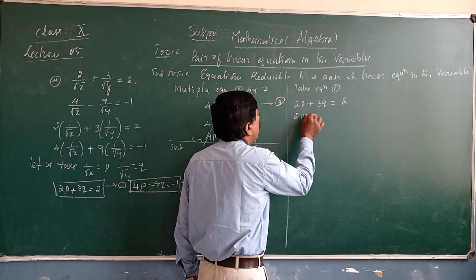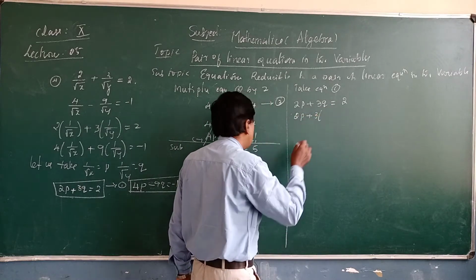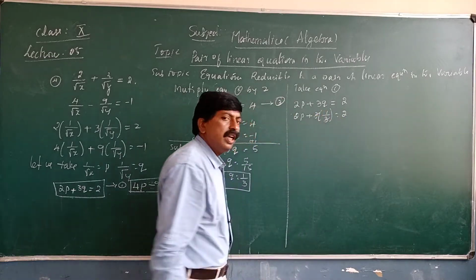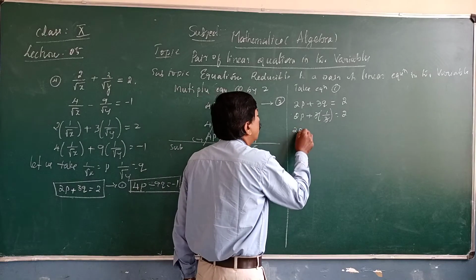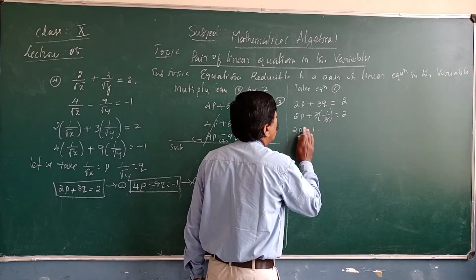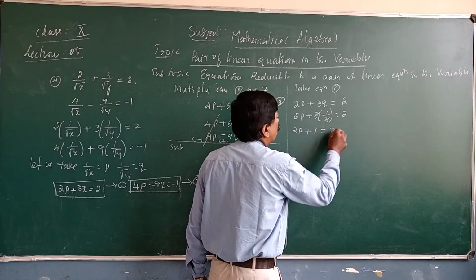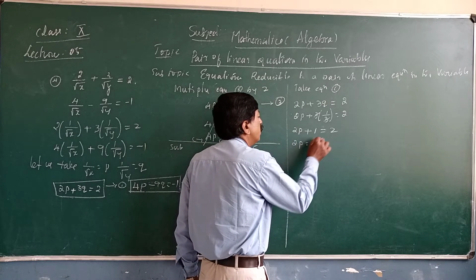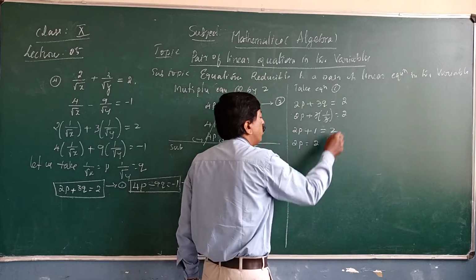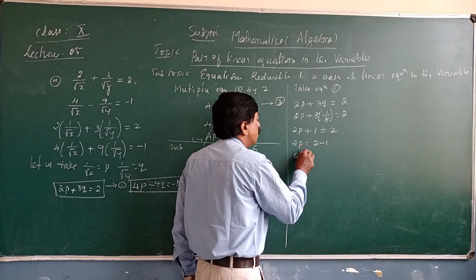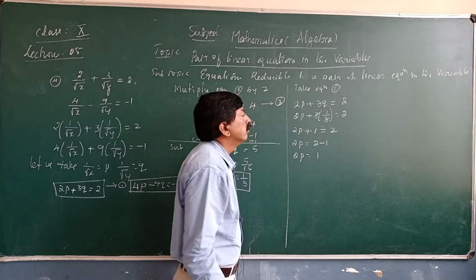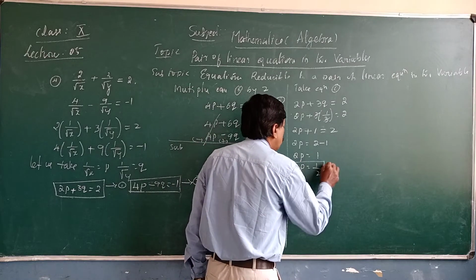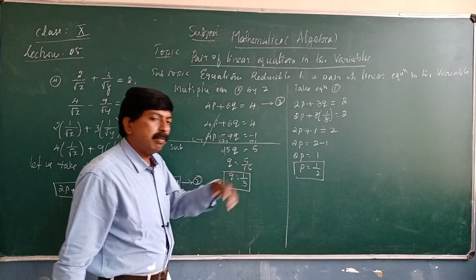Therefore, 2p plus 3 times 1 by 3 is equal to 2. 3 ones are 3, the 3s cancel. 2p plus 1 is equal to 2. 1 transposed to the RHS, plus 1 will become minus 1. So 2p is equal to 1. p is equal to 1 by 2.